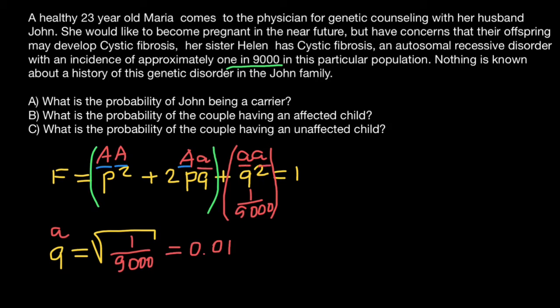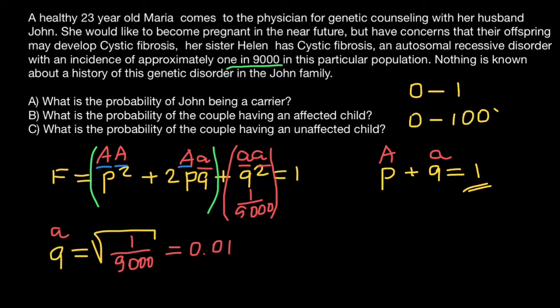In this population, for this particular locus, we have only two alleles: dominant allele A and recessive allele a. According to the Hardy-Weinberg formula, p plus q should equal 1, and 1 in our formula equals 100%. So we can do calculations on the scale between 0 and 1, or 0 and 100%.